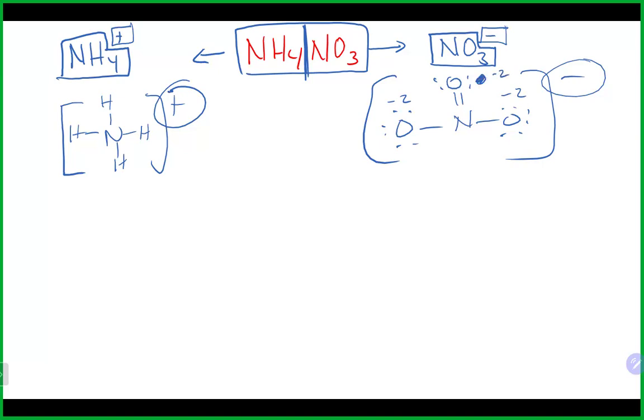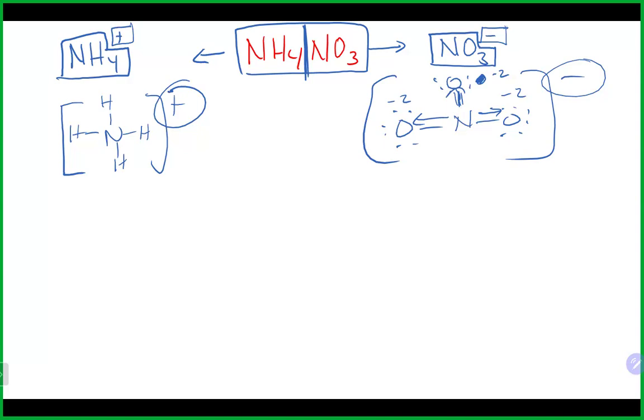So all those oxygens overall are carrying a -2 charge, because when we look at nitrogen and oxygen on the periodic table, oxygen is further to the right, which means it's more electronegative. So all the electrons are heading towards the oxygen. They're moving towards the oxygen in a very unequal sharing of electrons, right?